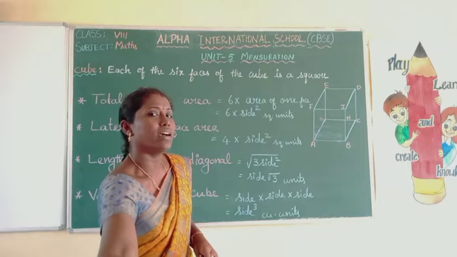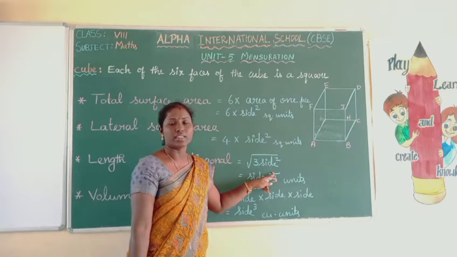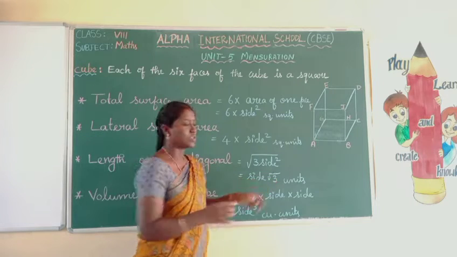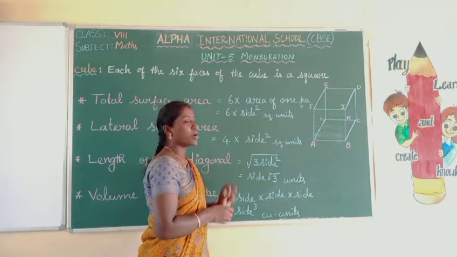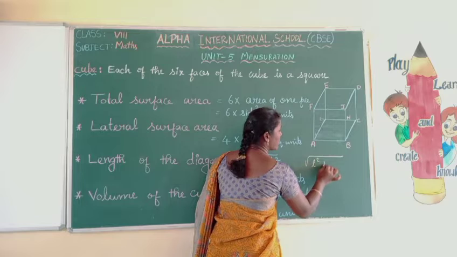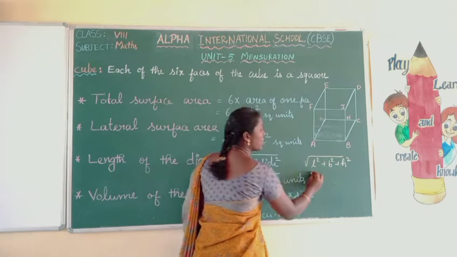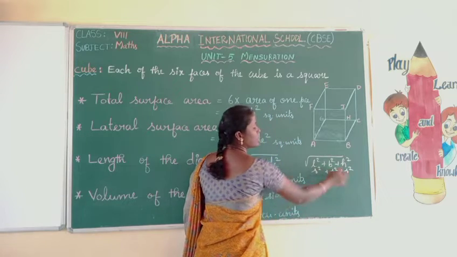So we can take the diagonal as square root of 3 into side square, because the 3 sides are the same. We have L square plus B square plus H square, and here all are equal to side square. So how will we add?